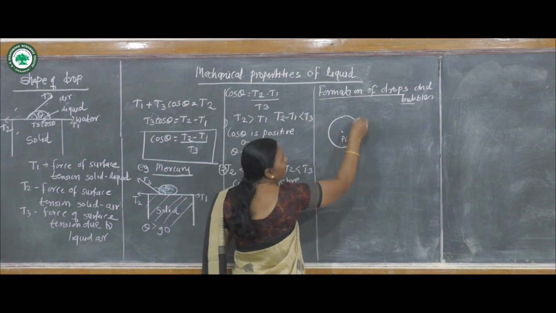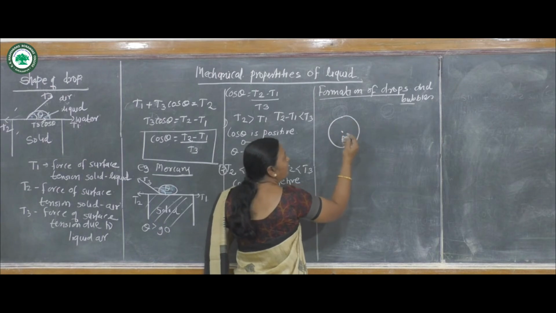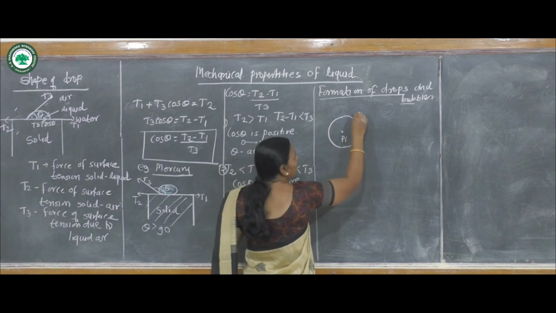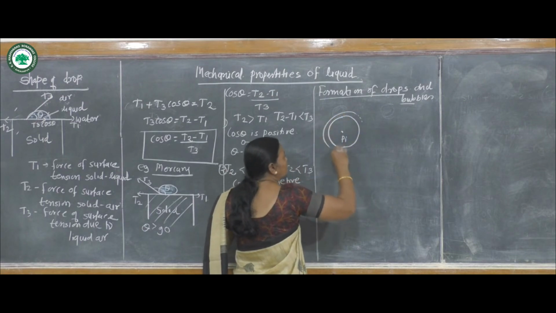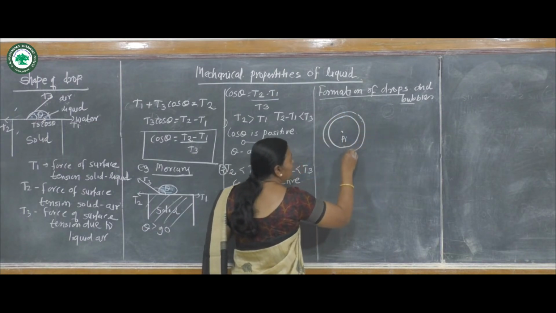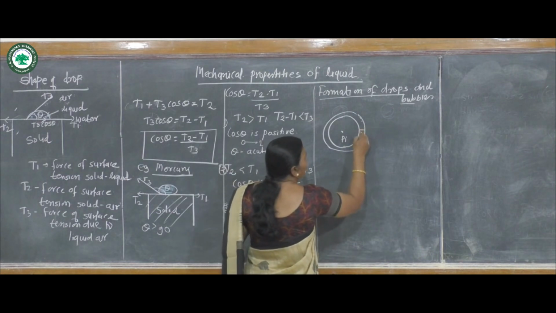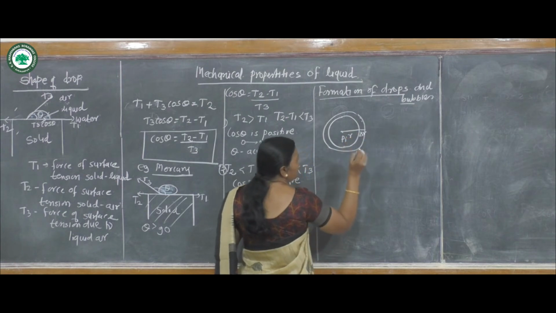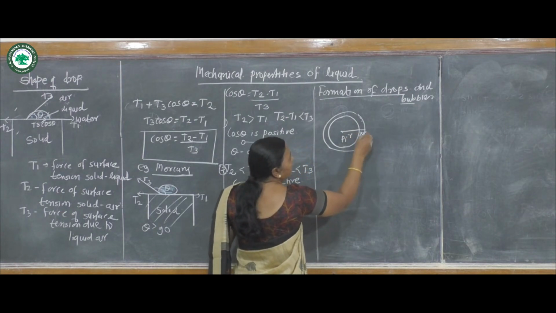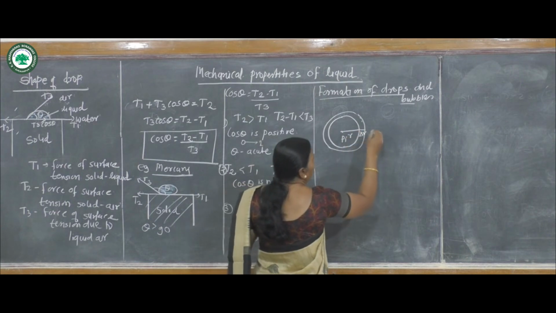Suppose this is the liquid drop, the inside pressure is greater and it tries for equilibrium, so its size increases through a distance delta r. Suppose it has radius r and it increases to radius r plus delta r.